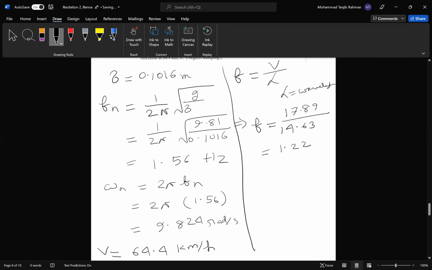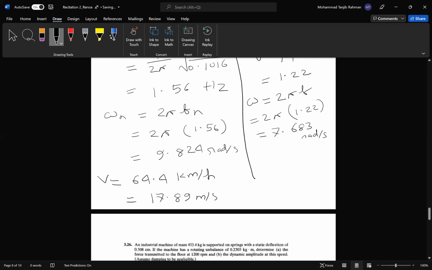From that, we can find omega, which would be 2 pi f, 2 pi at 1.32. So our omega is 7.683 radian per second.